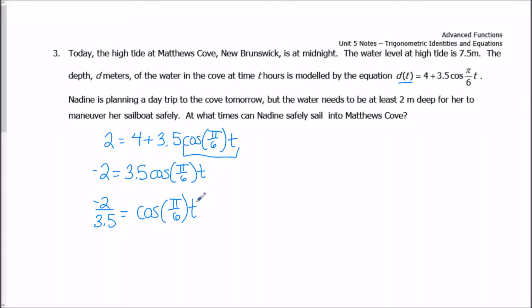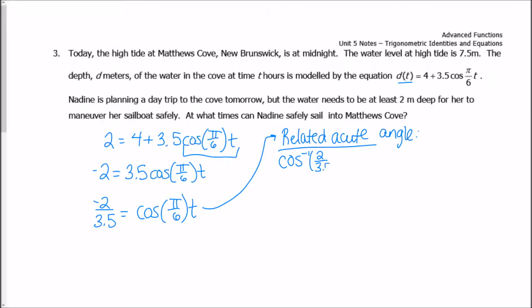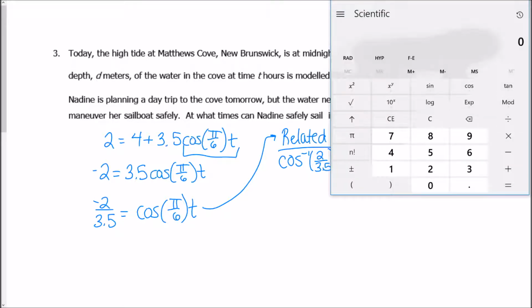All right, so now once I've done that, the next thing that I want to do is find the related acute angle. So let's go ahead and find a related acute angle that's going to work for us here. I'm going to take the inverse cosine of positive 2 over 3.5, and that's going to be my related acute angle A. Now when we do this, please make sure you are in radians this time.